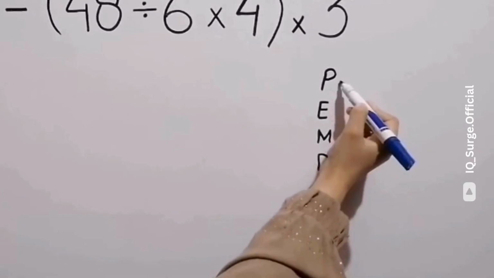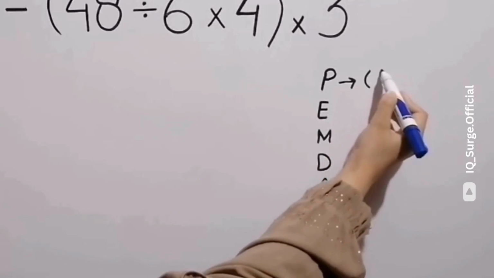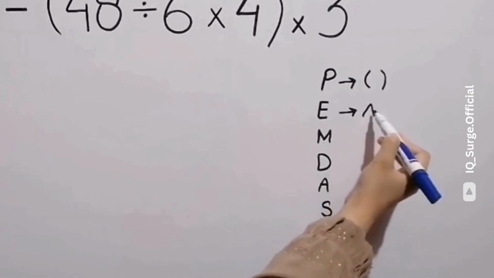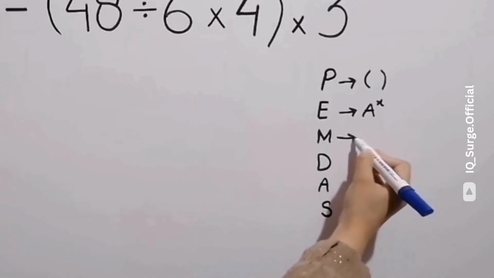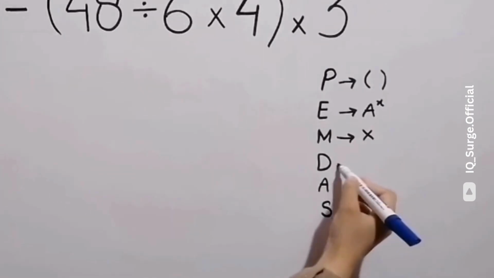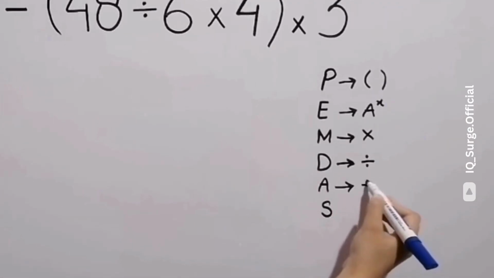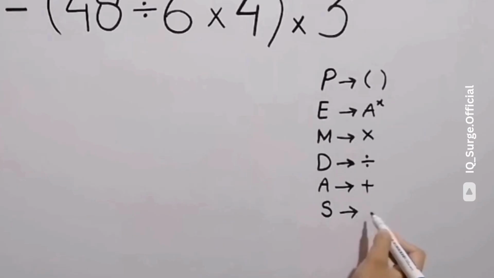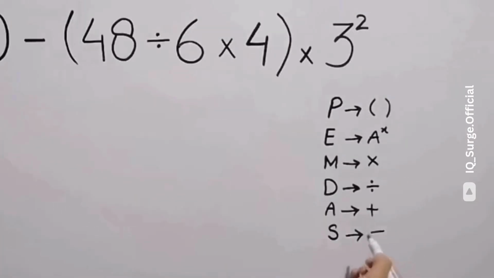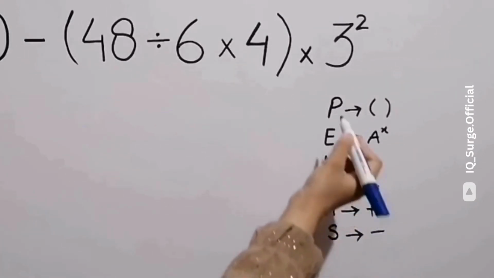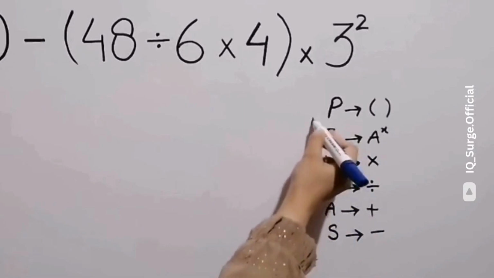In this rule, P stands for parentheses, E stands for exponent, M stands for multiplication, D stands for division, A stands for addition, and S stands for subtraction. We should perform these operations exactly in order from top to bottom according to PEMDAS, okay?